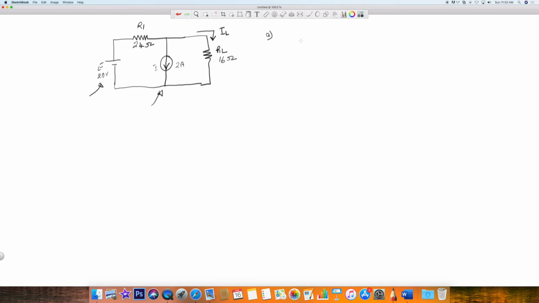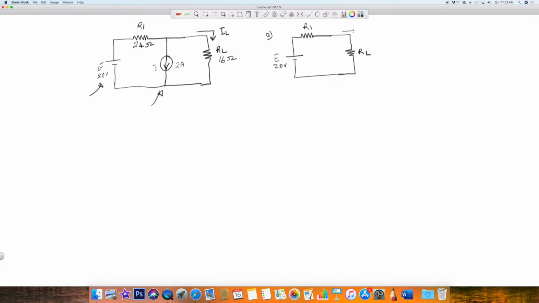And what you would do if you have a current source is that you will open it as if it's not there anymore, not short, but open. So your circuit is going to look like this, R1. You will leave the voltage source in place. And now your RL is right here.